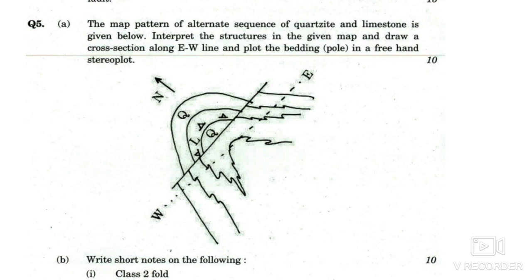So you have to interpret what particular structures you see in the map, draw the cross section along the east west section line that has been provided, and plot the poles of the bedding.